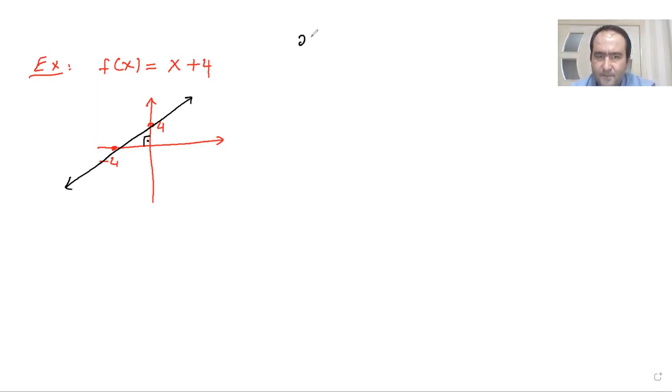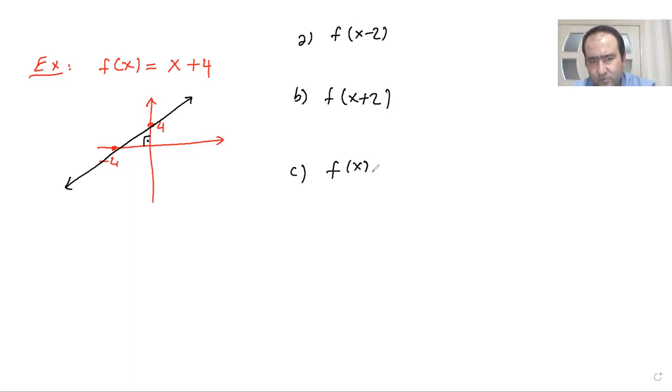For example, f(x minus 2), okay? We can do f(x plus 2). Very good example, when we can do f(x minus 2).